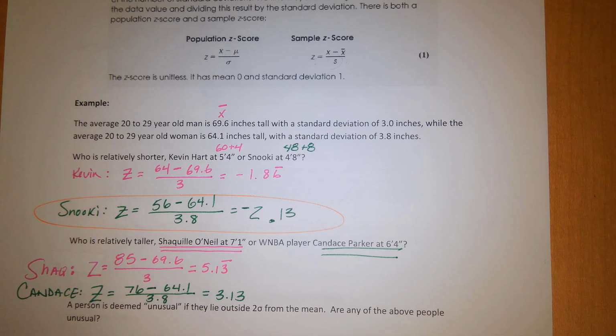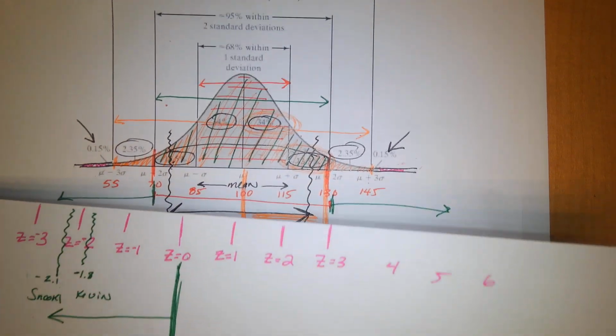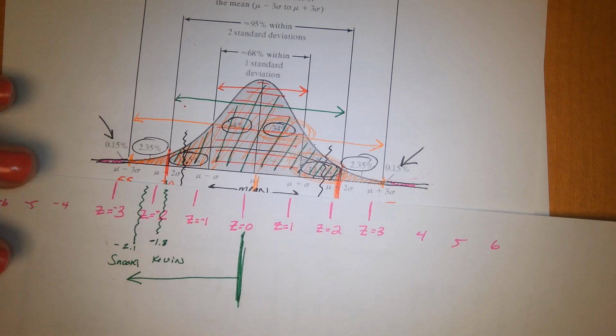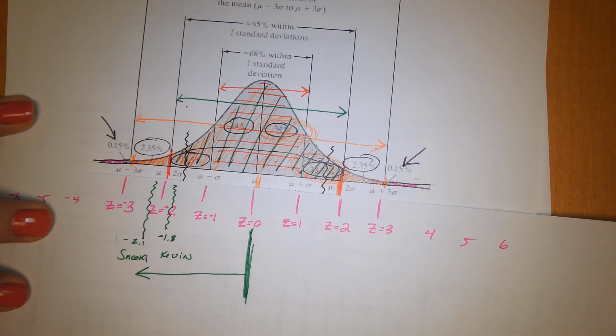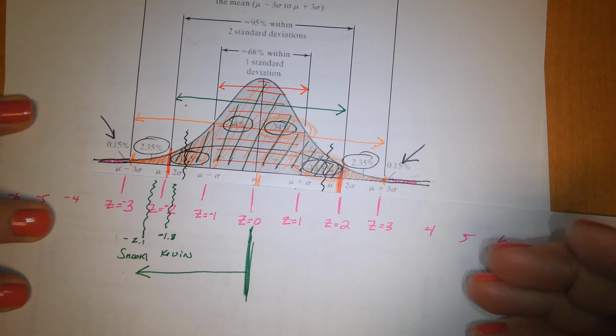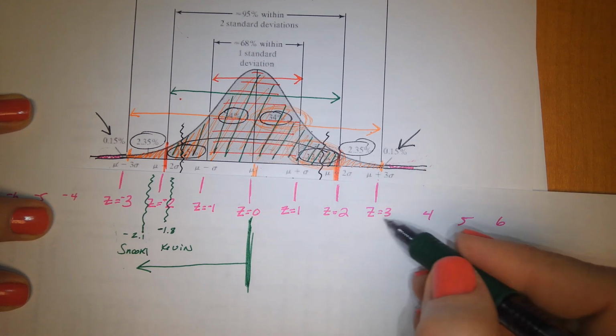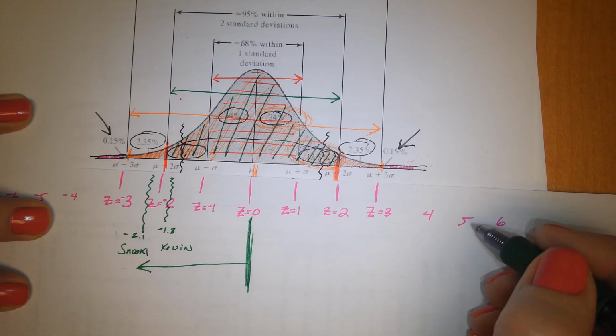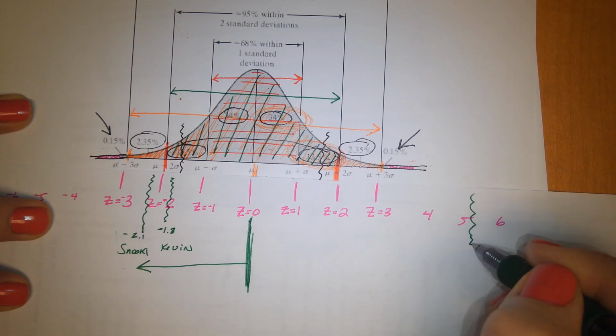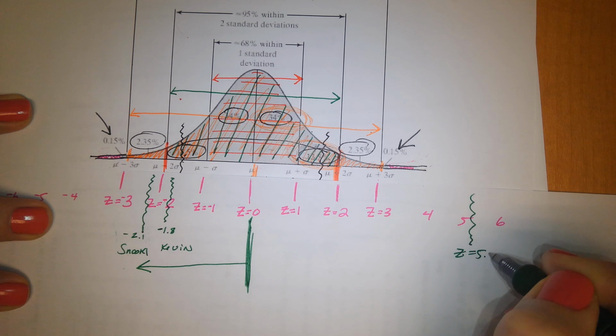So again, if I go back to that picture I had up here and look at the z-scores one more time, we see that Shaq has a z-score of 5.13. So 1, 2, 3, 4, 5. Shaq is way out here with a z-score of 5.13.